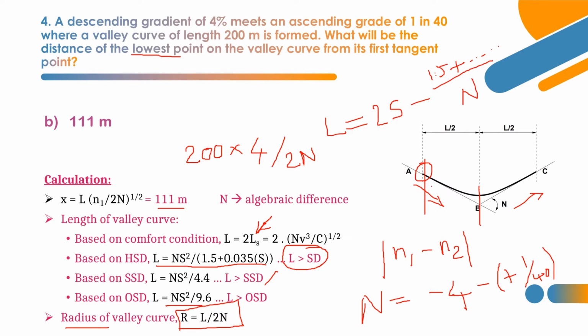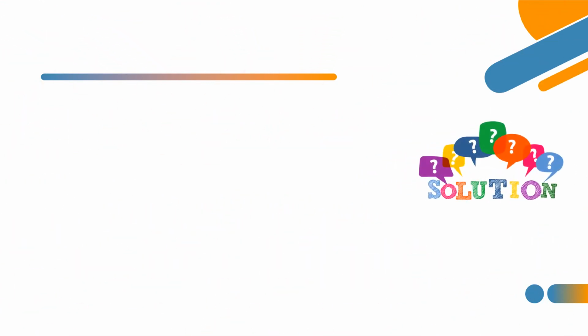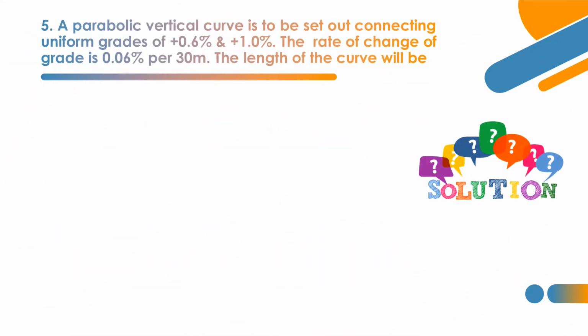Now let's see the fifth question. A parabolic vertical curve is to be set out connecting uniform grades 0.6% and 1.0%, both ascending gradients. The rate of change of grade is 0.06% per 30 meter. We have to find the length of the curve.